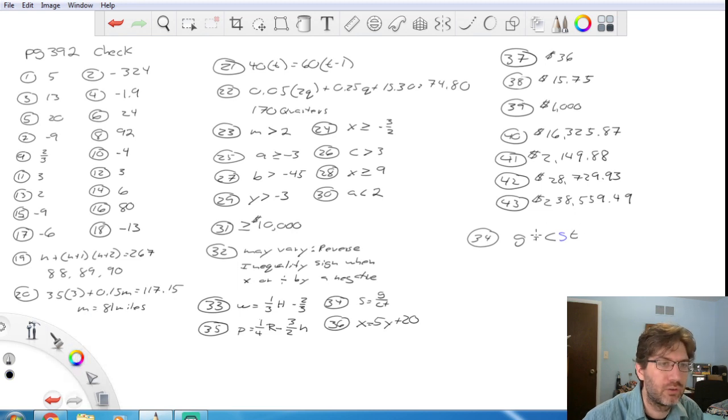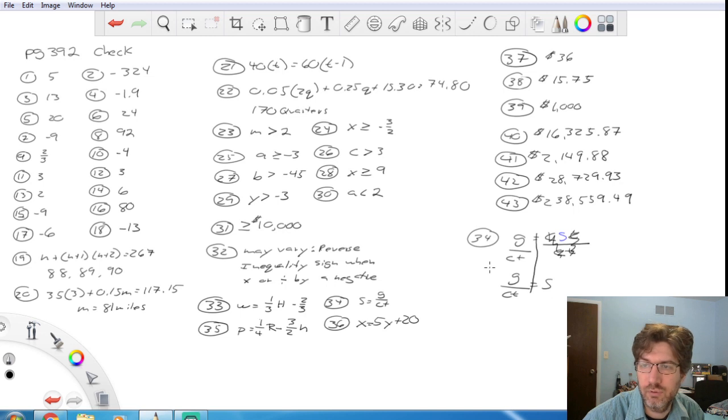So what you're going to do is take this side and get rid of everything that's attached to S. So I'm going to divide by C and divide by T. I'm going to do the same thing on this side, and you're going to get G divided by CT equals S. That will cancel, this will cancel, leaves you with S.